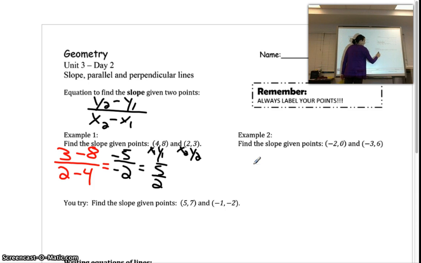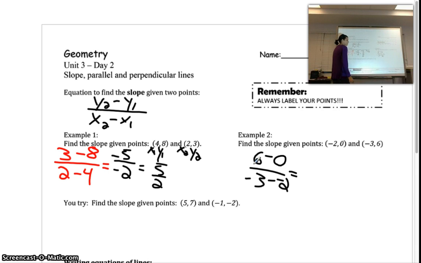You're going to do 6 minus 0, and then negative 3 minus negative 2. So 6 minus 0 is 6. Negative 3 minus negative 2, I'm going to make it a plus, so that's going to be negative 1, or negative 1 over 6. So watch your signs. That's important.